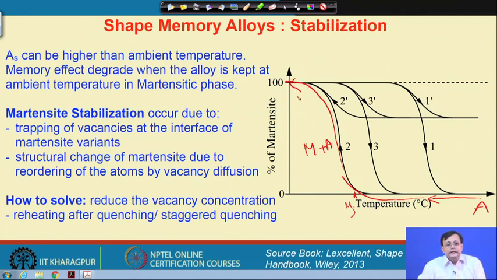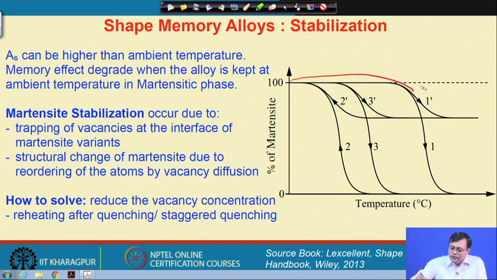Now, if we reheat it, this is like a cycling, then in the third sequence it will go this way. There is little effect on that. However, when stabilization occurs, during heating it will follow this dashed line. Let us say something like 30% of the martensite transforms into austenite, and if I cool back, it goes this way.